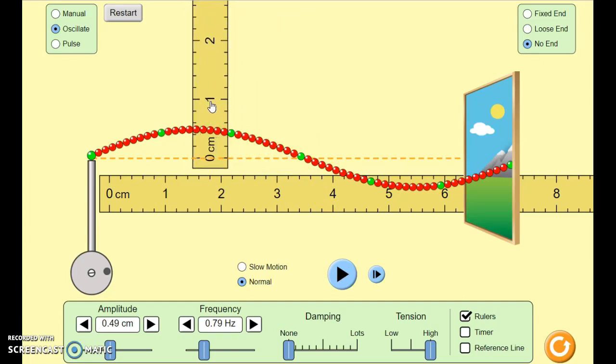It's from the middle line to the topmost part of the wave. So you can see that this wave has an amplitude of about 0.5 centimeters, and you can see that here, that's what I've set it to. So I can set the amplitude to be twice as big as that, at 1 centimeter.